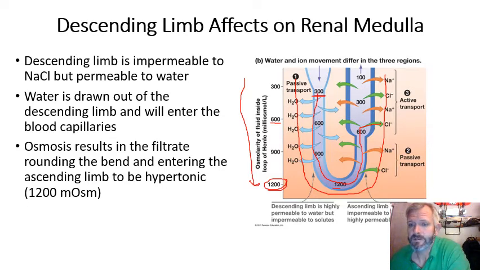Okay, and you can see, look at the numbers going into the filtrate. It's 300 coming into the descending limb, and what's leaving is we're at 100 milliosmoles. Okay, so we're losing basically 200 milliosmoles of solutes because we're actively pumping out. So you can see how we're maintaining or creating this osmolarity gradient.